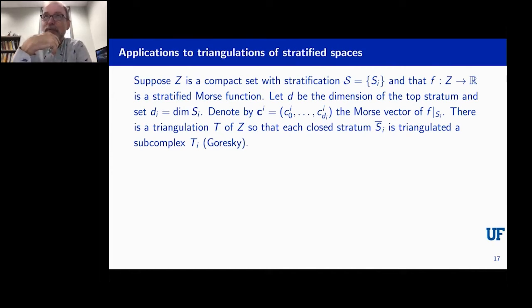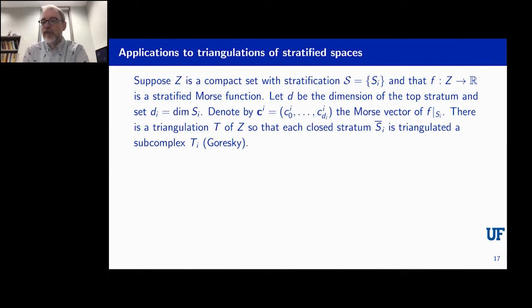Is there some reasonable way to, given a stratified Morse function on a set, not smooth, find a discrete stratified Morse function that behaves the same way, in the sense that it has the same numbers of critical points and things like that? So suppose I have a stratified Morse function on Z. D will be the top dimension, Di is the dimension of the ith stratum, and Ci is the Morse vector of F restricted to Si.